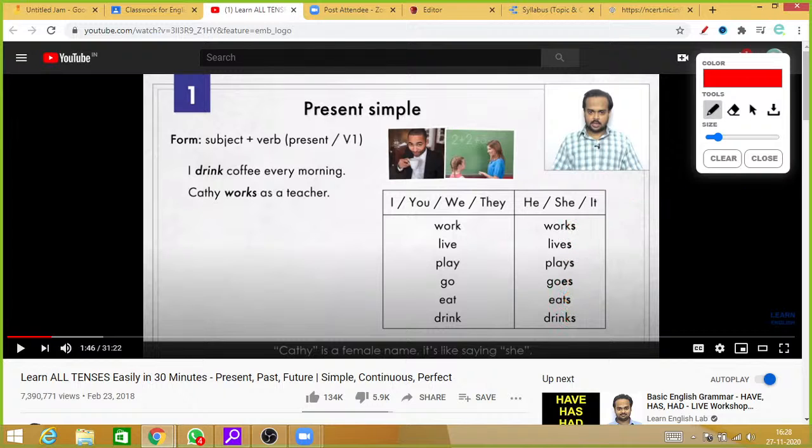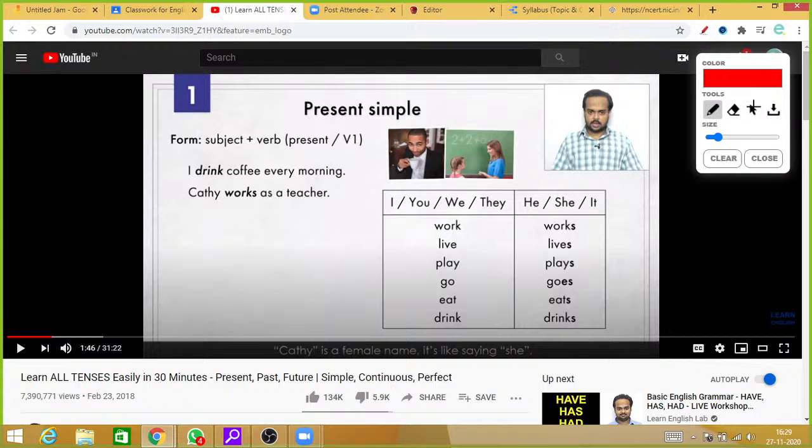I think we had discussed this last time also. Do you get it? There is no need to memorize it. The only thing you need to remember is that with the pronouns I, you, we, they, we use the base form, and with he, she or any proper noun we add S. Because he, she, it is a pronoun for some proper nouns.